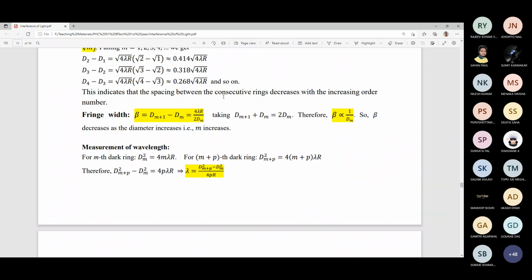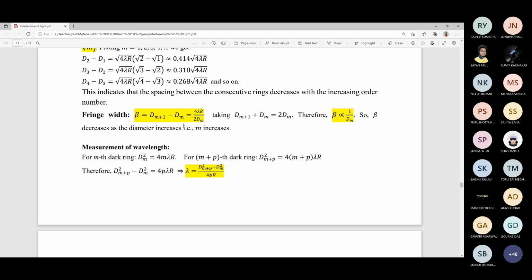Another thing, we need to determine the fringe width. So fringe width, that is the separation between dm plus 1 minus dm, or we can consider that in terms of radius. In terms of radius it will be better to say, but we can say also in terms of diameter. So this difference is this quantity 4 lambda R divided by twice dm. Why?